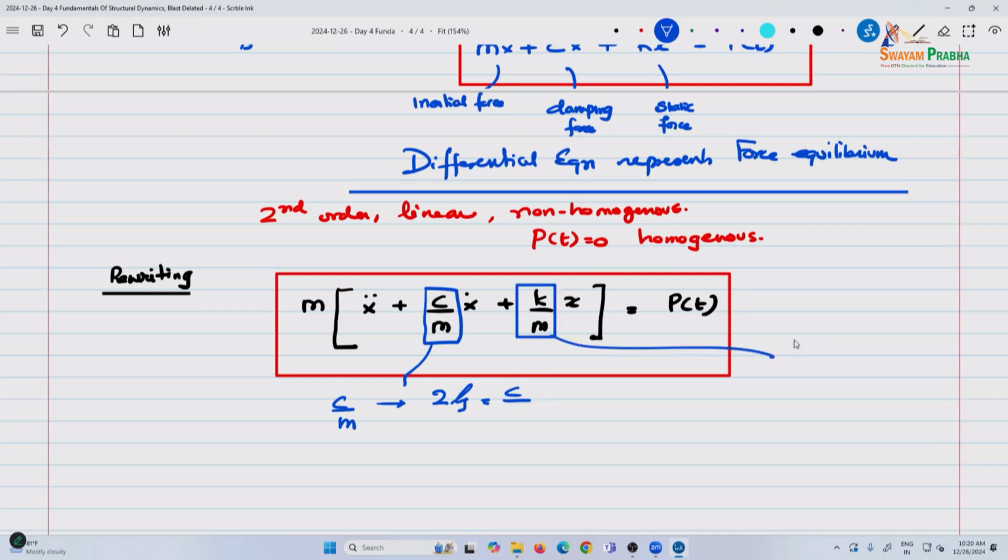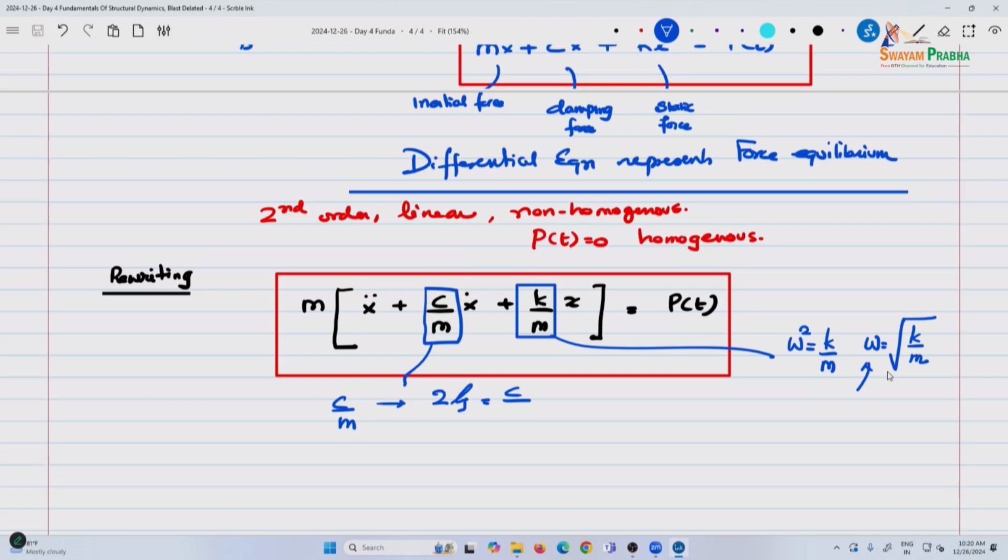So, this term can be represented as omega squared, which is k by m, or omega is equal to square root of k by m. And what is this called? What's the term? Circular natural frequency. It's a circular natural frequency, right?